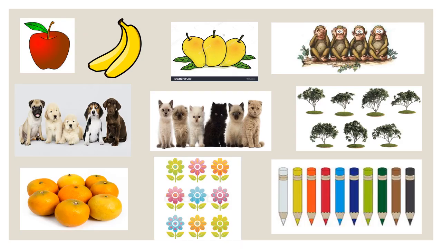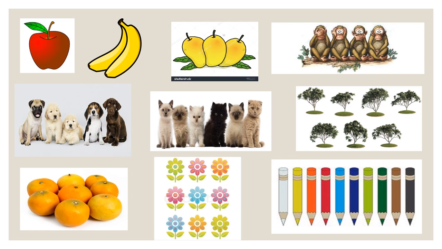This is also part of the first exercise, before we go on to number 2. Okay, look at the pictures on your screen. How many apples do we have here? Bananas, mangoes, oranges, pencils, monkeys, trees, cats, dogs, and flowers.